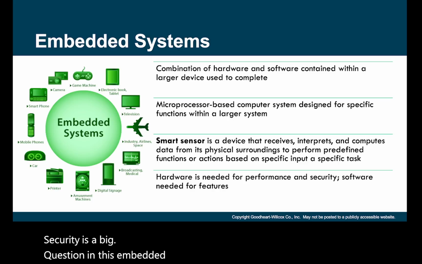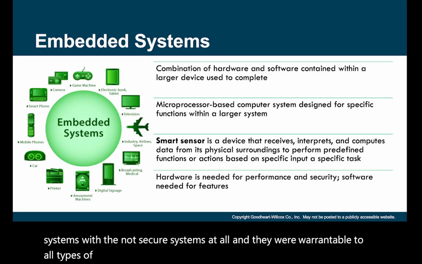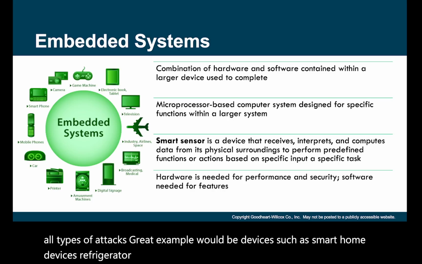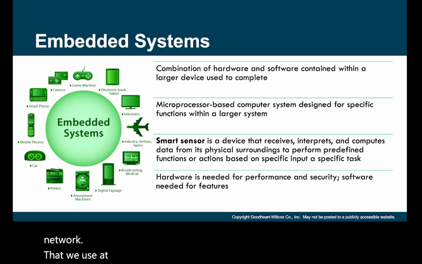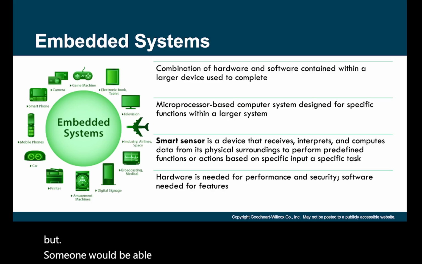Until very recently, embedded systems were not secure at all, and they were vulnerable to all types of attacks. A great example would be smart home devices, refrigerator, microwave, toaster, connected to the personal network that we use at home, maybe for work now and for watching Netflix. But someone would be able to penetrate the network using access through your refrigerator.